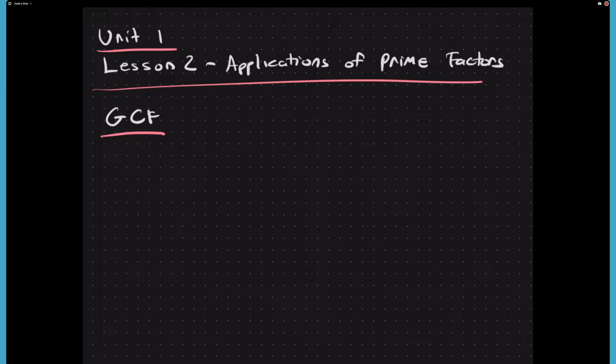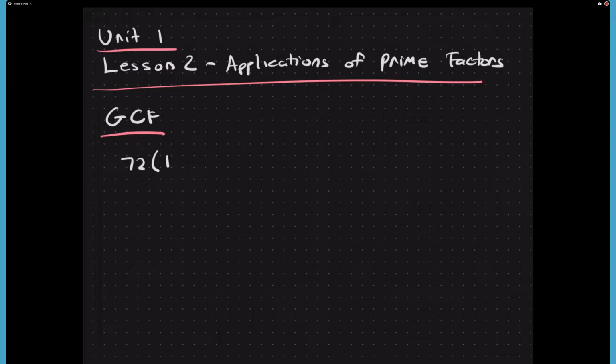Now, before we can find the greatest common factor, we have to understand what factors are, and to do that, we'll look at the number 72. So the factors of 72 are all the whole numbers that can divide evenly into 72.